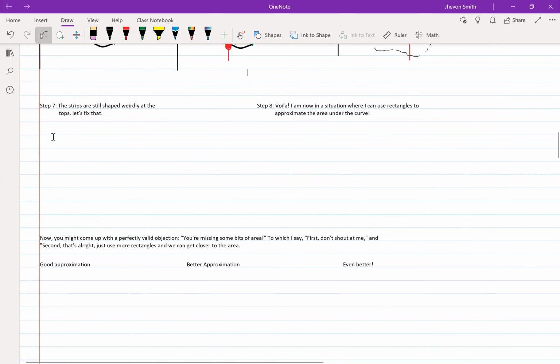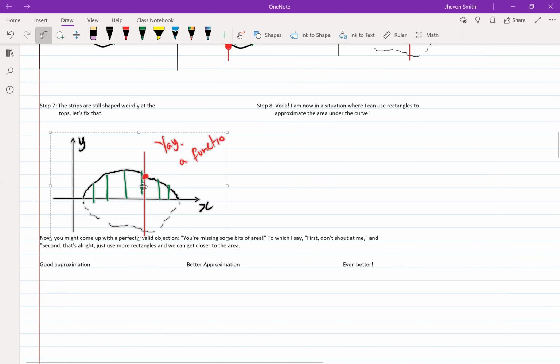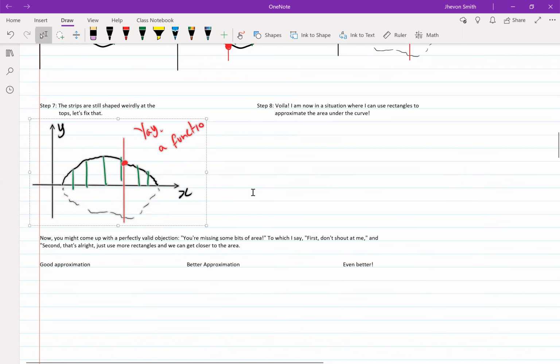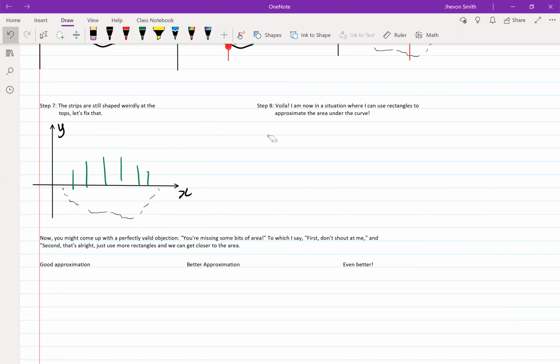So far, so good. Let's move down here. Now, what issues can anyone possibly bring up with this nice looking thing? Let's get rid of these. Actually I want to get rid of the little red dot, but never mind. It's not worth the hassle. Let's just fill it in. One thing is, the strips are still weirdly shaped.